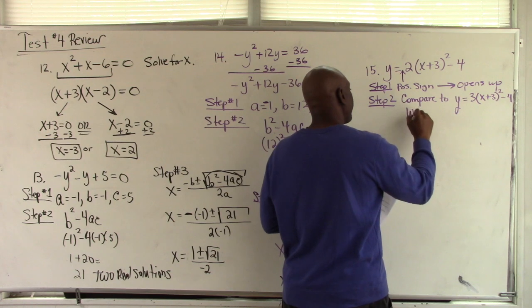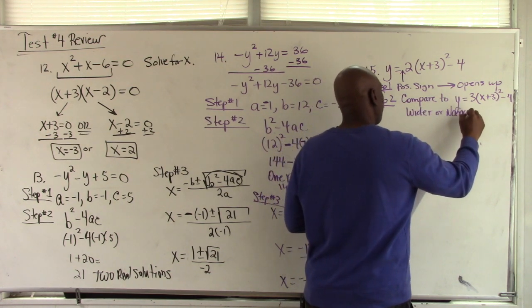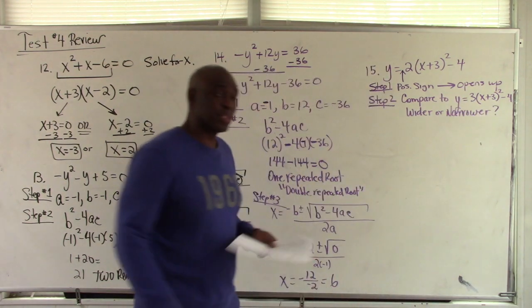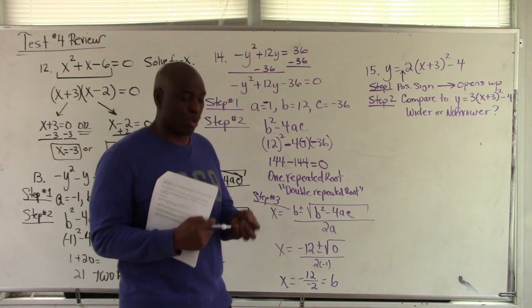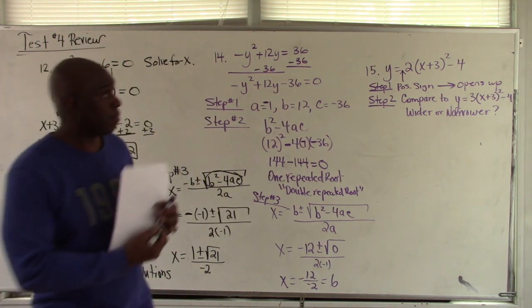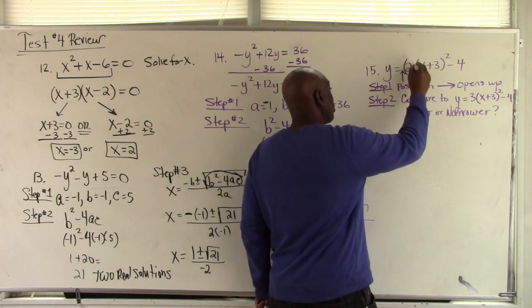Is it wider or narrower? Which one is it? And we said that this number here is 2.